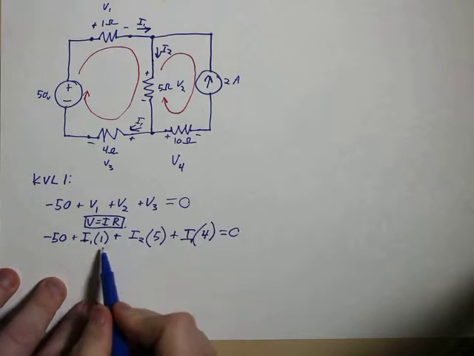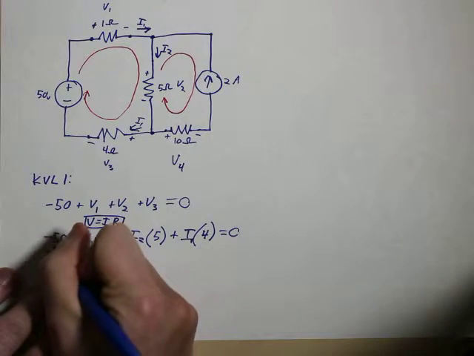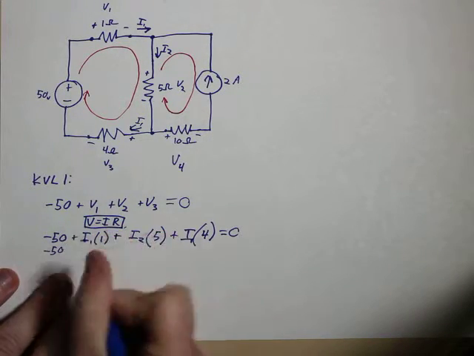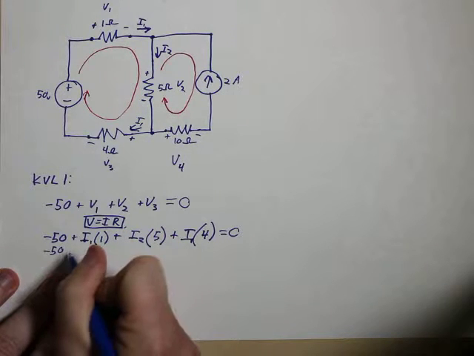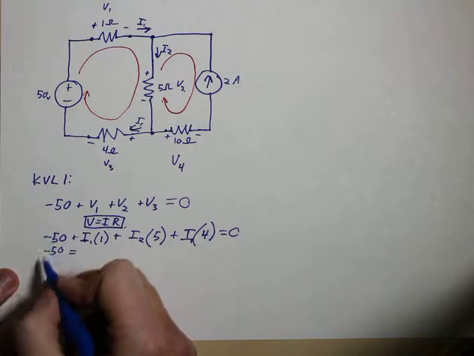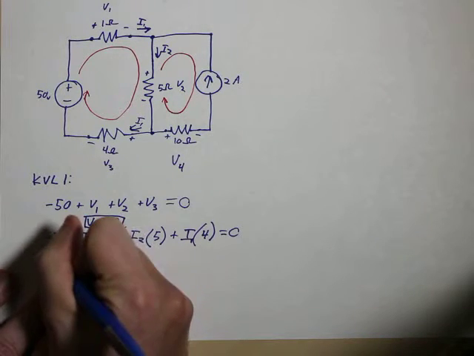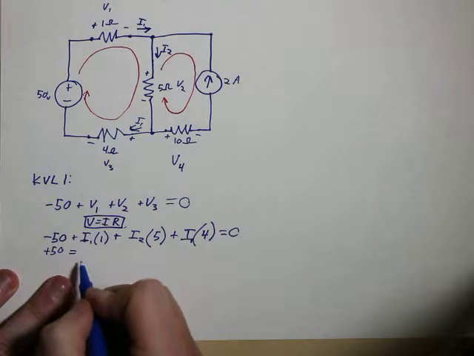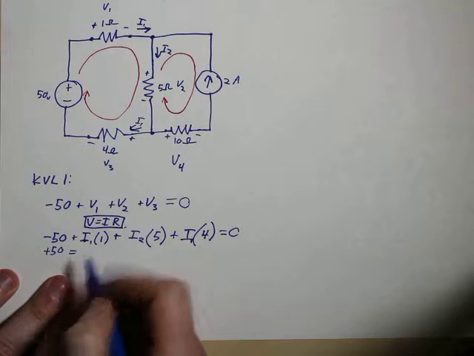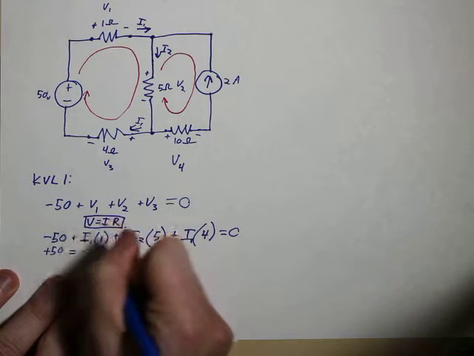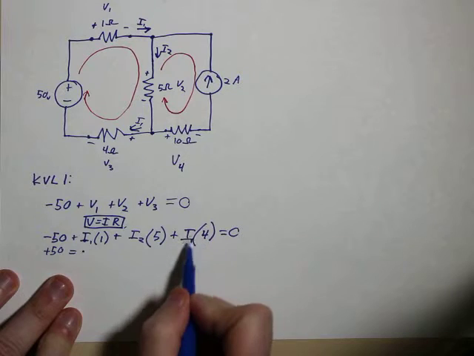We're going to simplify this out a little more, so it's going to be minus 50 equals, I'm going to pull this to the opposite side. So remember, opposite, positive, and then each one of these are going to be equal to I1 times 1 plus I1, 4.